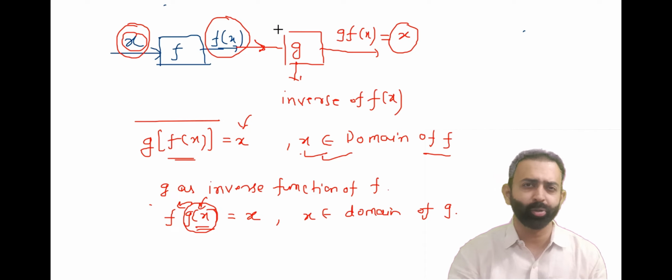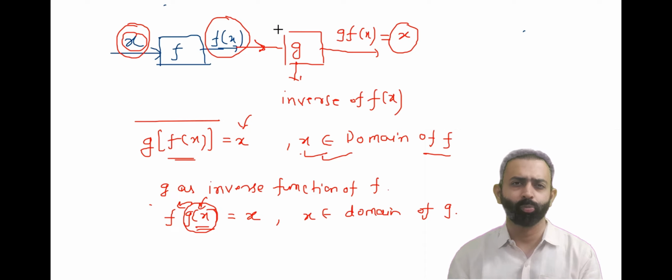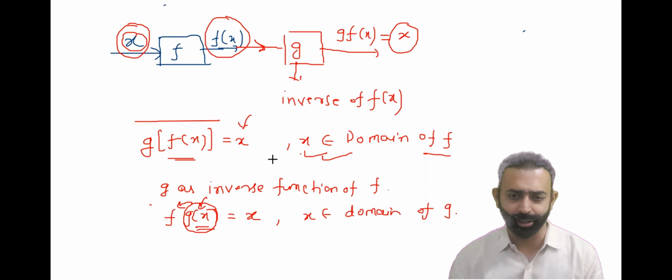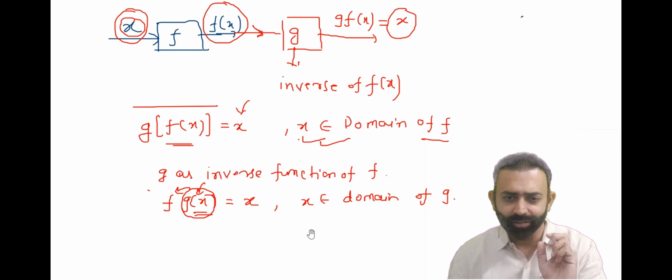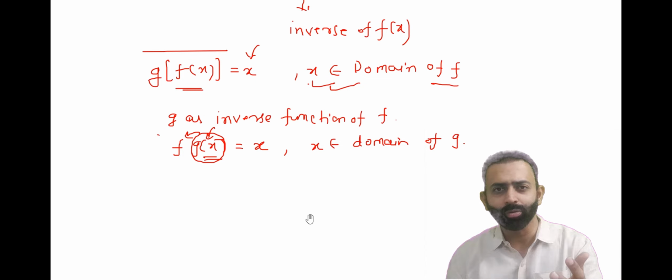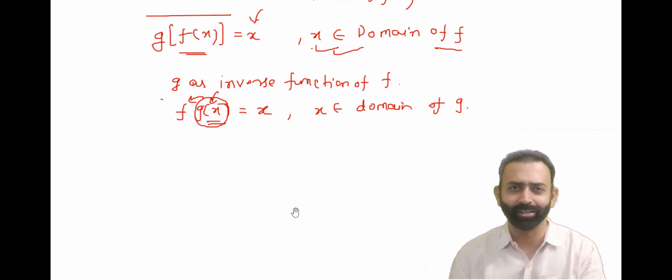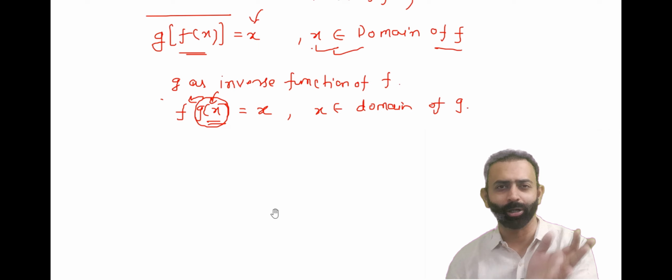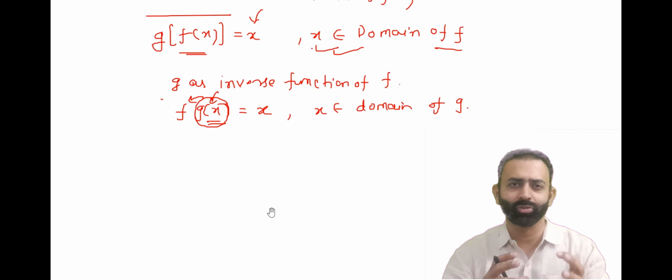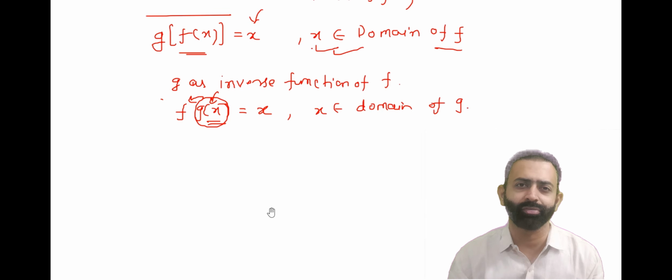So basically input becomes output and output becomes input in case of inverse functions, right? Please keep this in mind. This is very important because it's basically a single concept, that when input becomes output and output becomes input, we will use this to find out the expression of inverse functions, right?